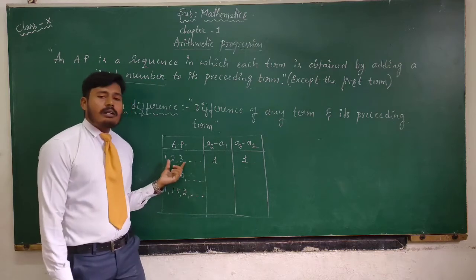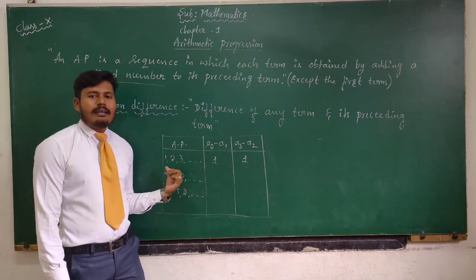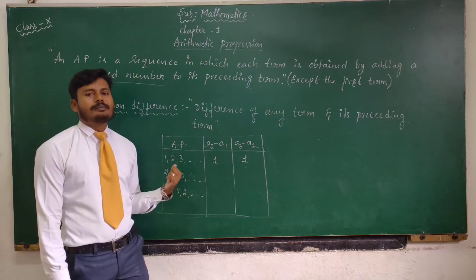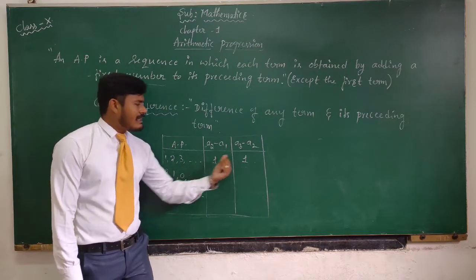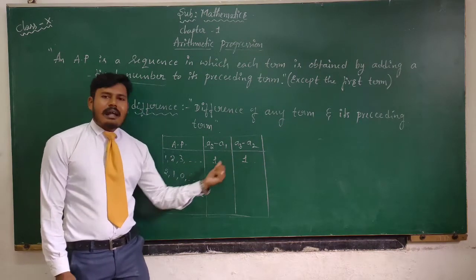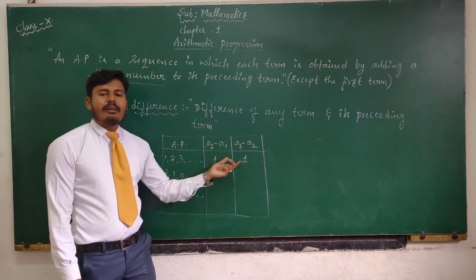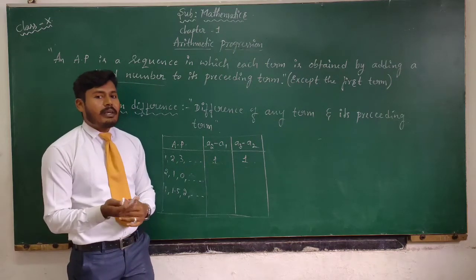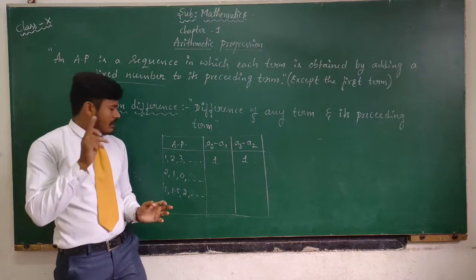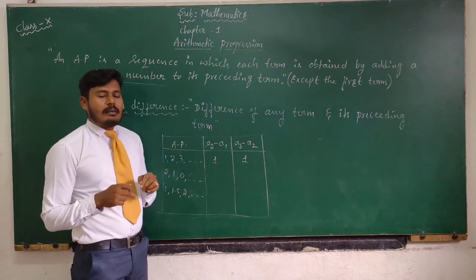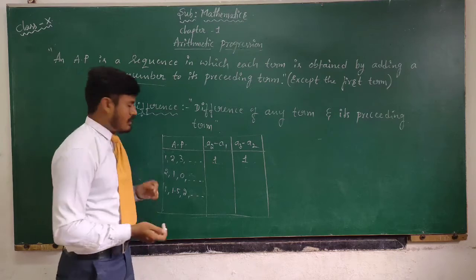That's why 1, 2 and 3 belong to an arithmetic progression. This is the way to check whether the given set of numbers belongs to an AP or not. It is there in your examples as well as exercises.